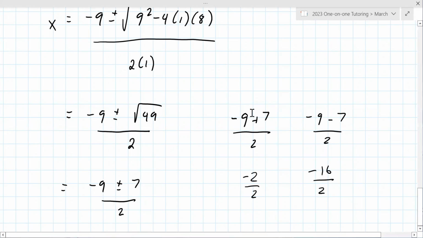Sometimes it's easier to think about positives and negatives as negative is like owing, positives are having. Like if you owe someone $9, then you owe them $7 more, you now owe them $16. If you owe them 9 and you have 7, you still owe them 2. I don't know how that slipped me up.